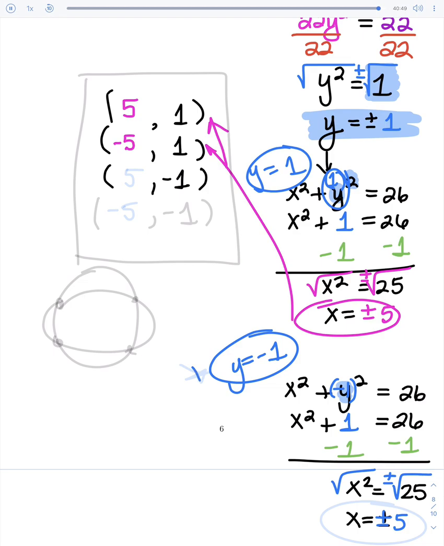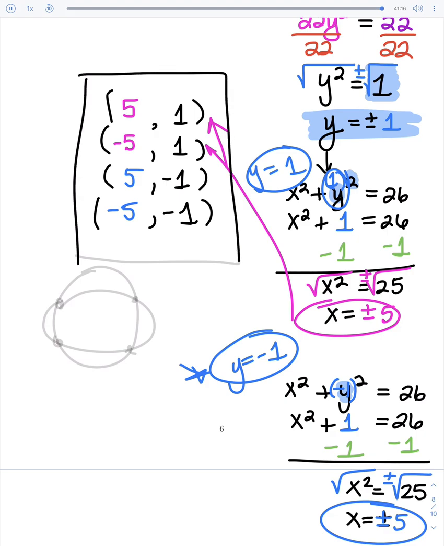So when y equals -1, we also get two x values, 5 and -5. That means the point with a y value of -1 also splits into 2 points, with an x value of +5 and -5. So we're getting a total of how many answers here? We're getting a total of 4 points where these two graphs intersect.